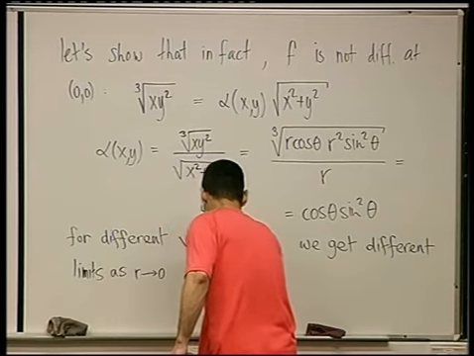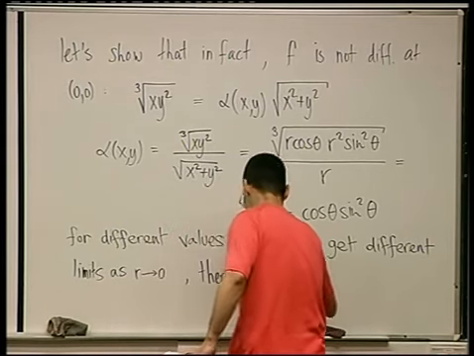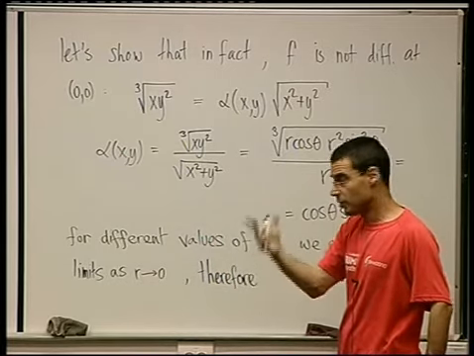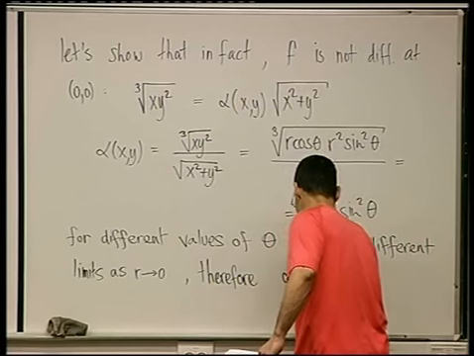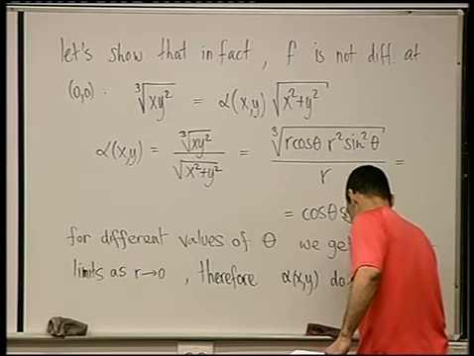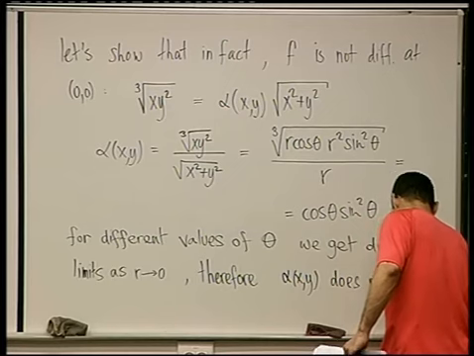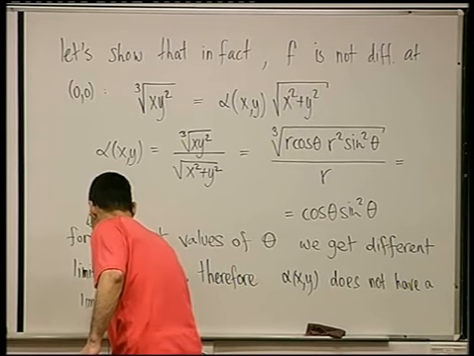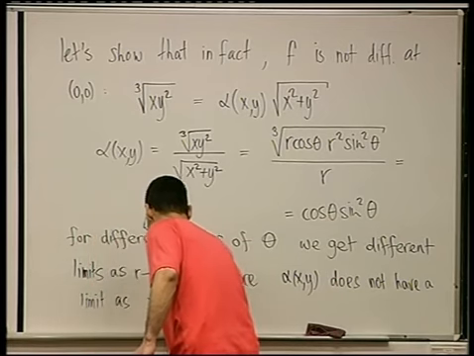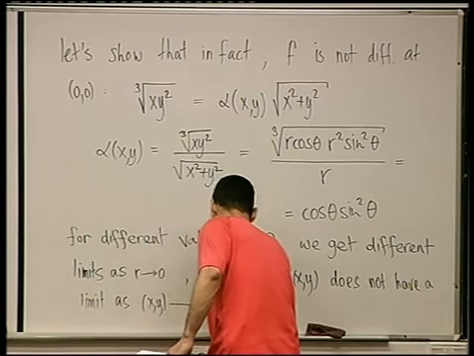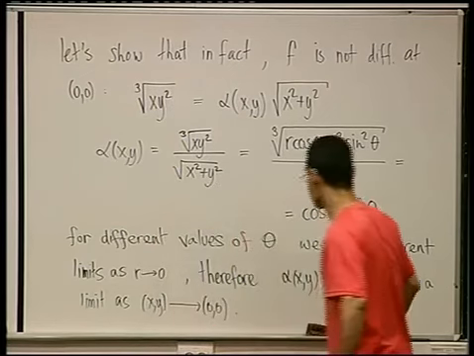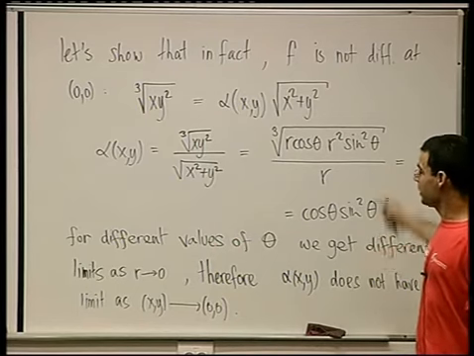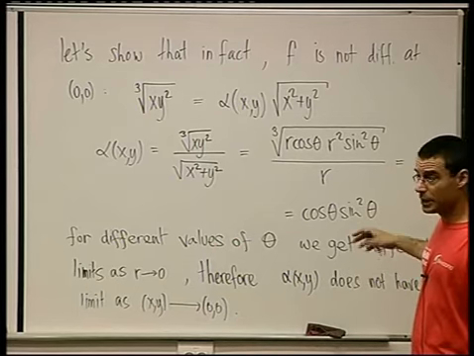And therefore, along different directions, we get different values. Therefore, there's no limit. Alpha xy does not have a limit as xy approaches 0. Okay? So here we just did a bit of practice in calculating limits or showing that they don't exist.